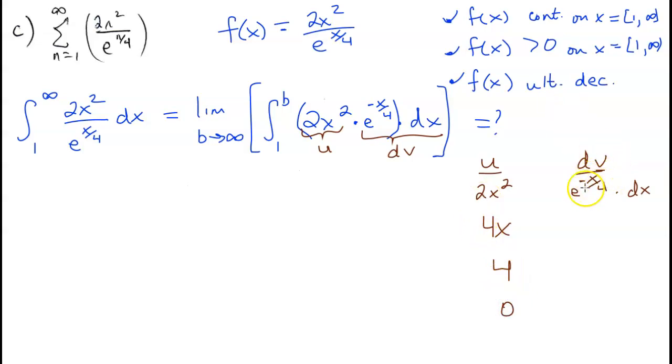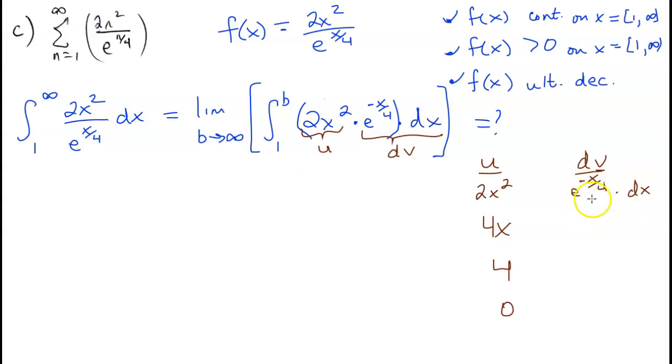For the antiderivative here, I would have to use the substitution rule to replace this negative 1/4 x with u. And when I do all that, the antiderivative of e raised to the negative 1/4 x is just going to be e raised to the negative 1/4 x divided by a negative 1/4.